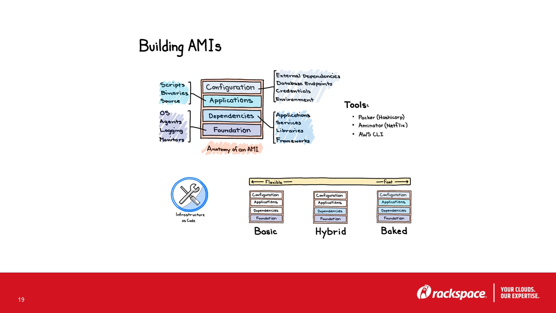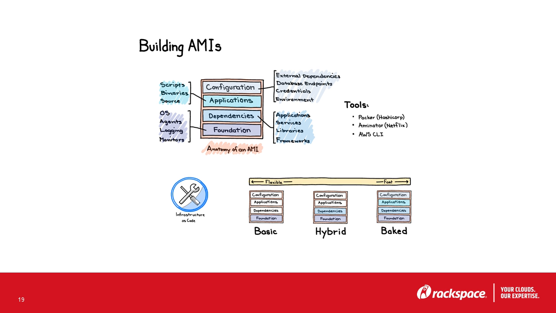It's an image that contains, at the very basic, the operating system, and a lot of the machine images provided by Amazon are just that. It's a base operating system. It's Ubuntu, or Amazon Linux, or Windows. And then you build on top of that. You can install your application dependencies, your application itself, and the configuration associated with that application.